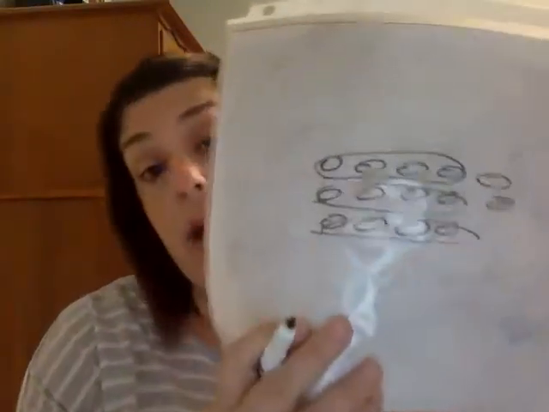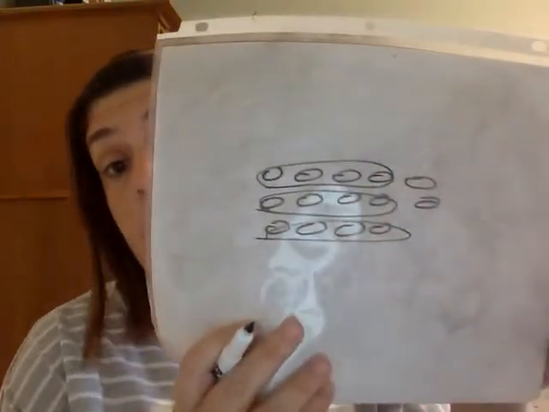Sorry, I'm trying to erase without erasing. So I'm going to have 14 circles, just like this. I'm going to put them into groups of 4, which means I'm going to have 3 groups, but I'm going to have 2 left over.